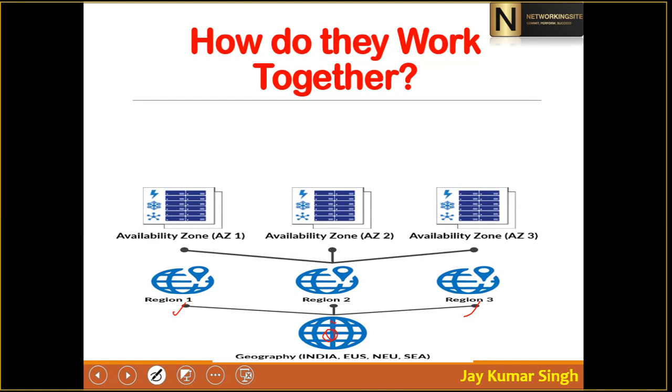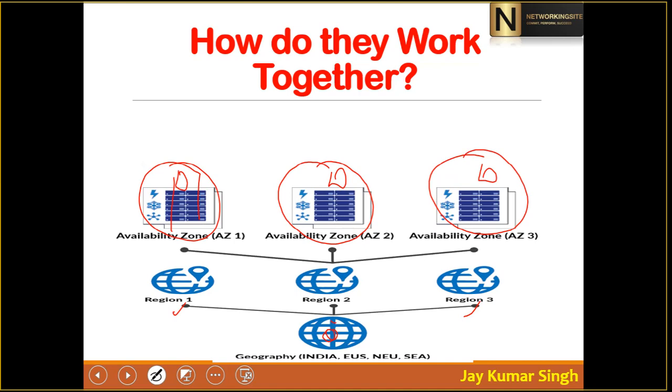Inside a single availability zone you will find data centers. Maybe an availability zone will have one data center, maybe two; in some places you will find a single data center, in some places multiple data centers inside a single availability zone.